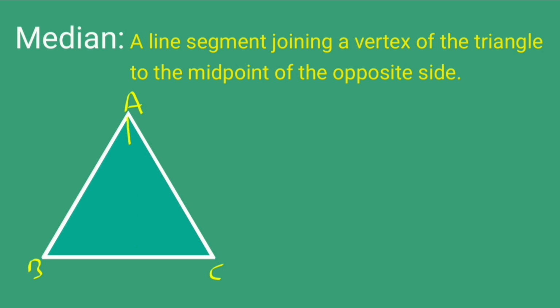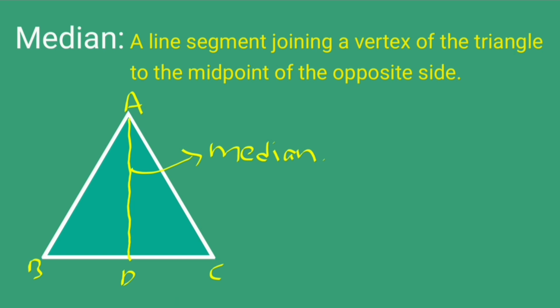This is the line segment joining vertex A onto BC line at D. This point is D. And this AD line is called median. And this median divides this BC line into two equal lengths.